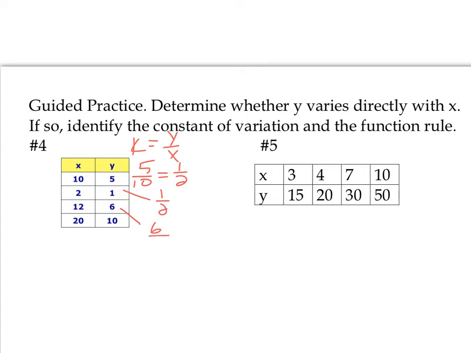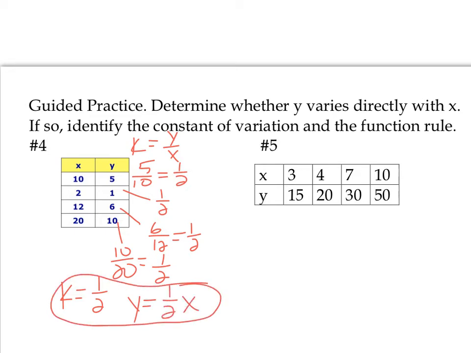Y over x, 6 over 12, which is 1/2. And for the last ordered pair, we'd have 10 over 20, which is 1/2. So the constant of variation is 1/2, and the function rule would be y equals 1/2 x. We've determined there's a constant of variation because every y over x comes out the same value, 1/2 in this case.